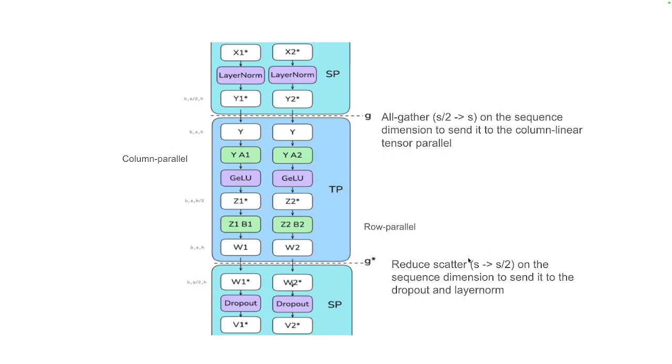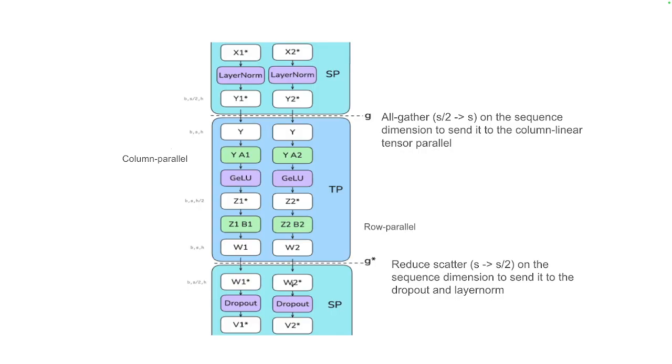But you can see here that we don't want to materialize the entire sequence on a GPU, as layer norm and dropout are just based on the hidden dimension. So this GPU can focus on the first set of sequence length indices, and this GPU can focus on the next set of sequence length. That's why you see S by 2 here. And the operation would be reduce scatter, because in all reduce, you send the same data to all the GPUs.